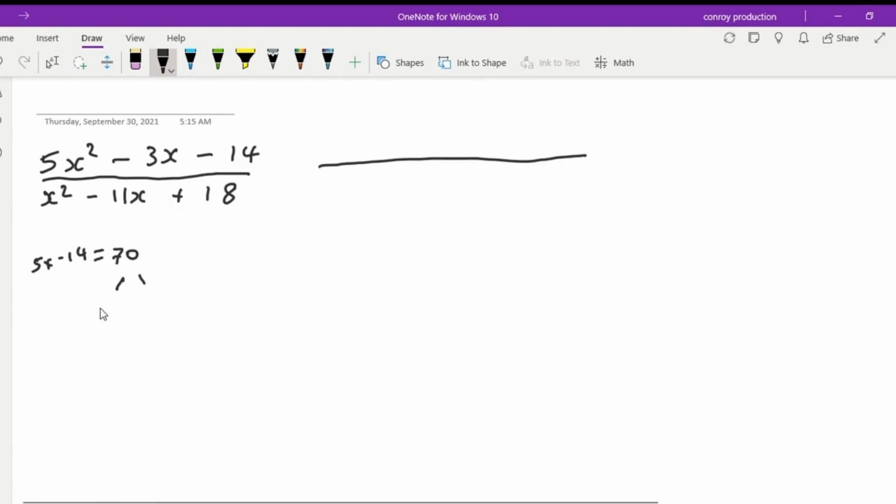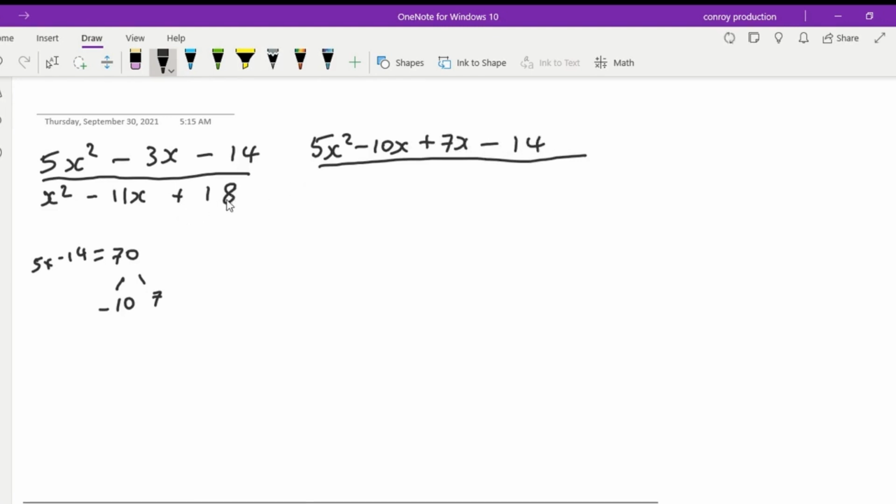You know, it is a negative 10 and a 7. So hence, we're going to rewrite it and replace these two factors with our b terms: 5x squared minus 10x plus 7x minus 14.